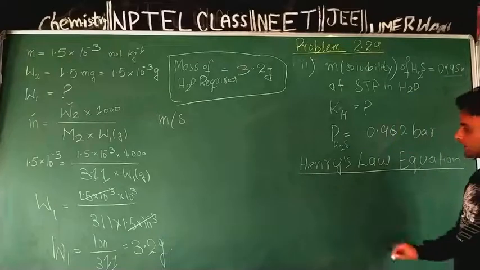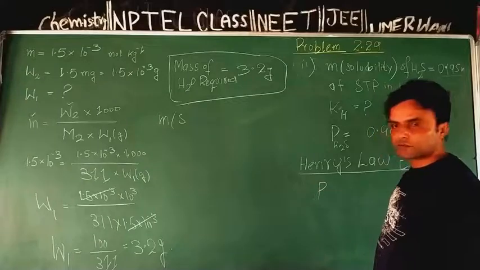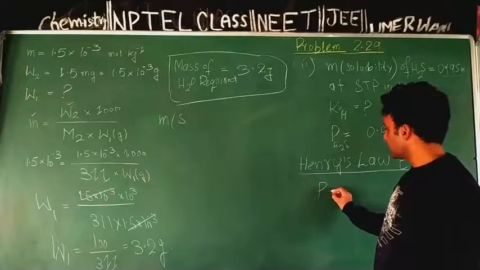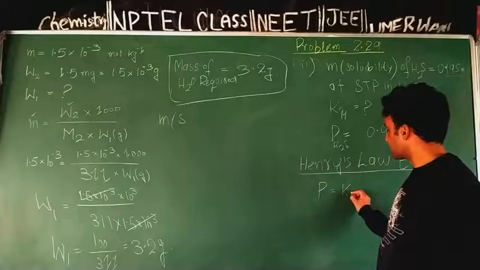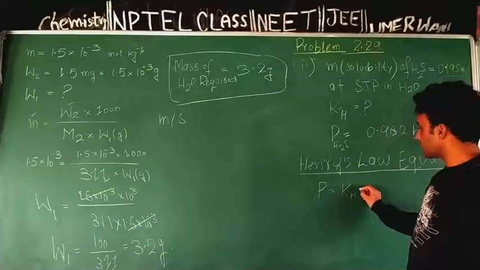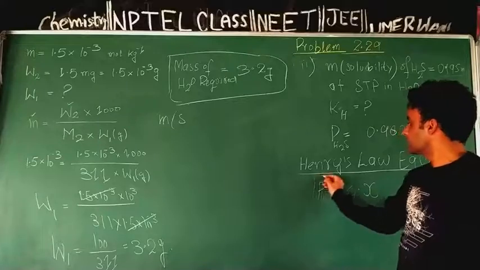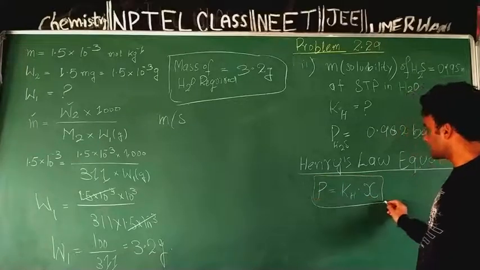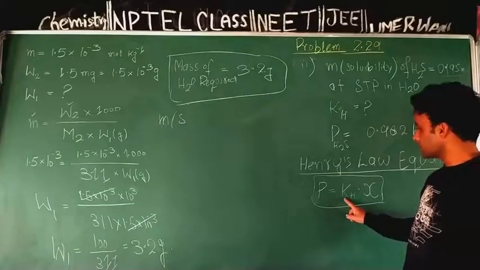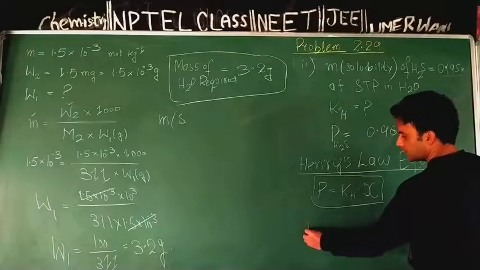Henry's law equation: partial pressure of hydrogen sulfide gas above water will be equal to the product of Henry constant at standard temperature and its mole fraction in gas. This is the actual form of Henry's law equation that we need in order to calculate the value of Henry's constant.